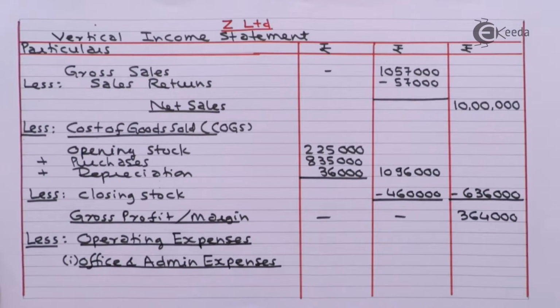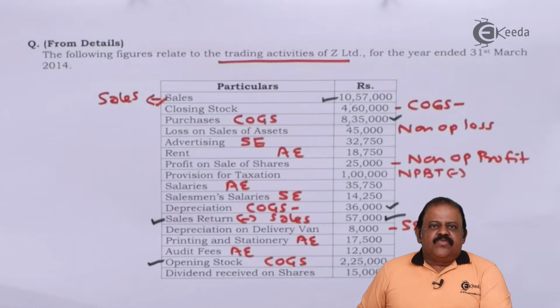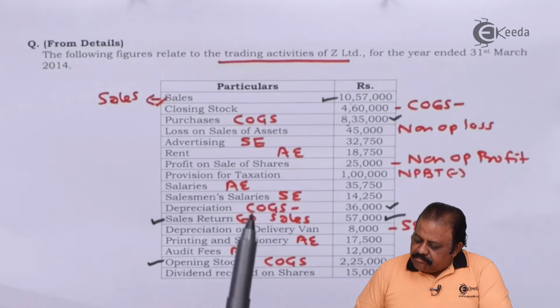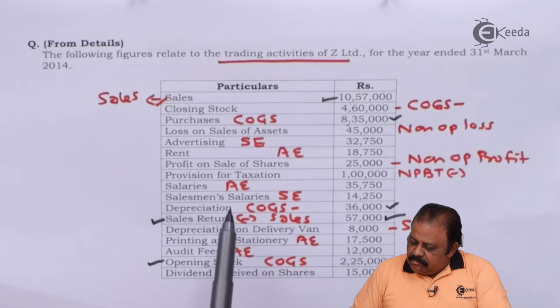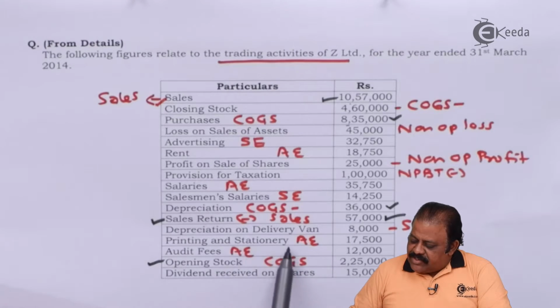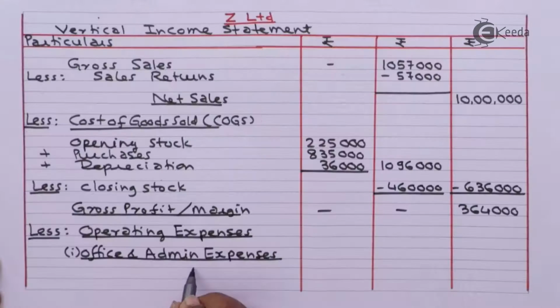There, first we have office and administration expenses. In administration expenses we consider rent, salaries, printing and stationery, and audit fees.